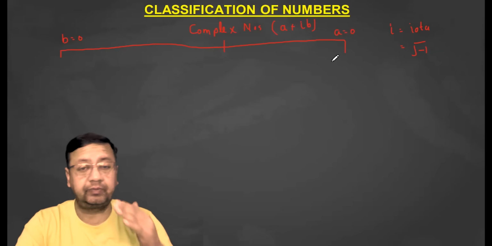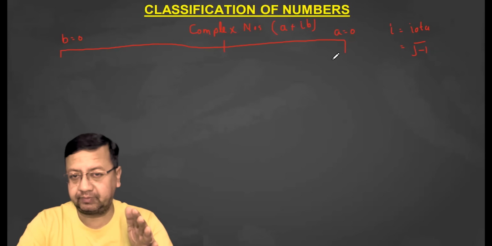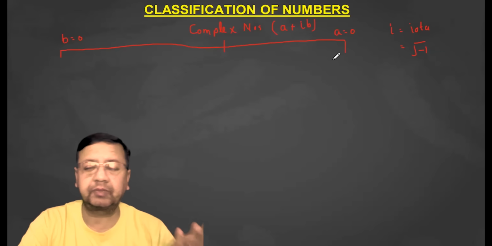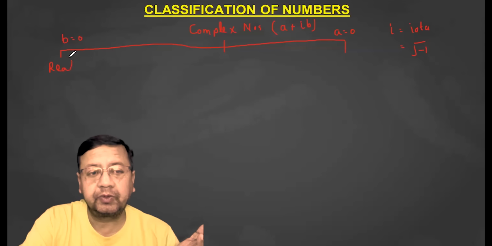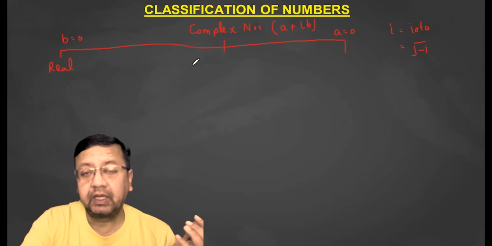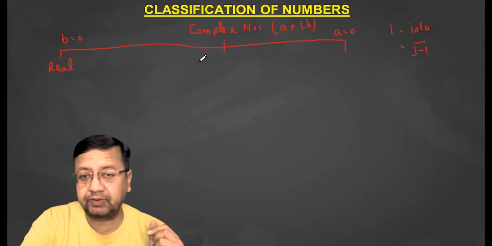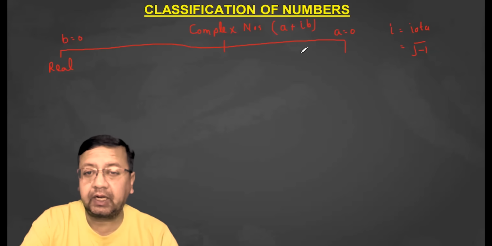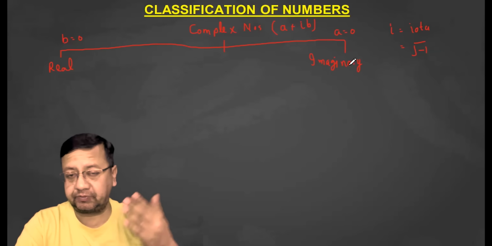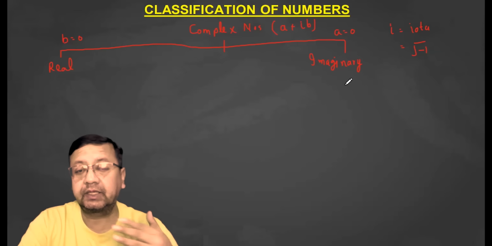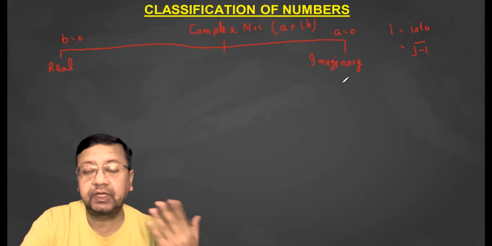If B is equal to 0, iB, the right part, is completely finished, so we get A, which is a pure real number. If A is equal to 0, I get iB, which is an imaginary number. This way I am dividing the numbers into different categories.